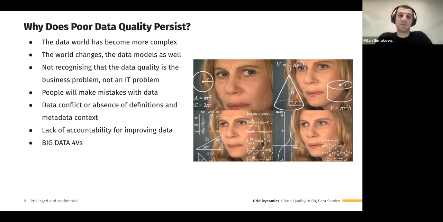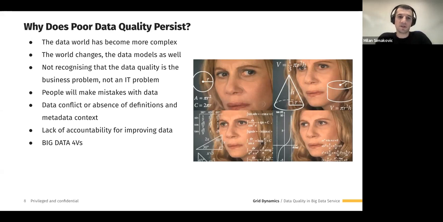And also it may happen on some higher level where some data engineers, let's say, forget to clean up or filter out, or do an outer join instead of an inner join, etc. So there are a lot of different possibilities that could lead to poor data quality.